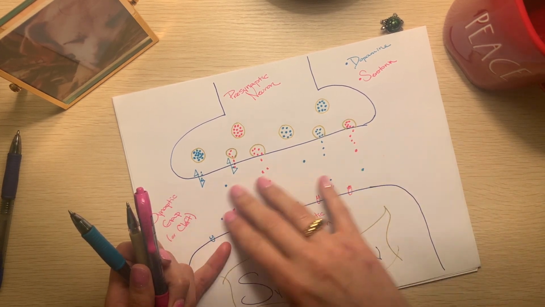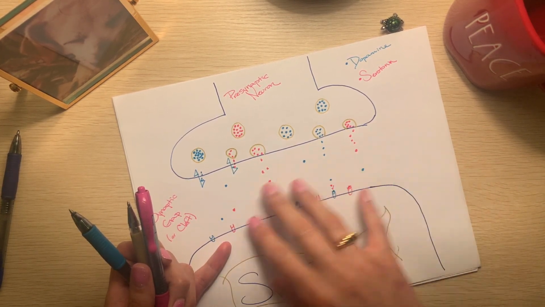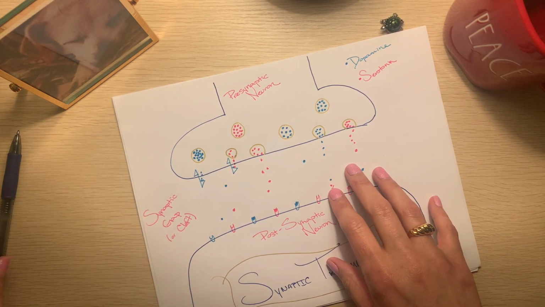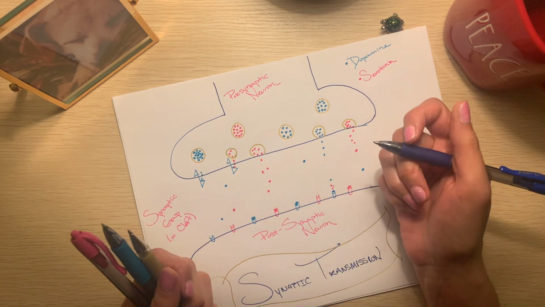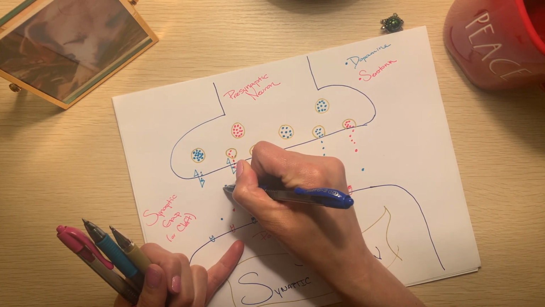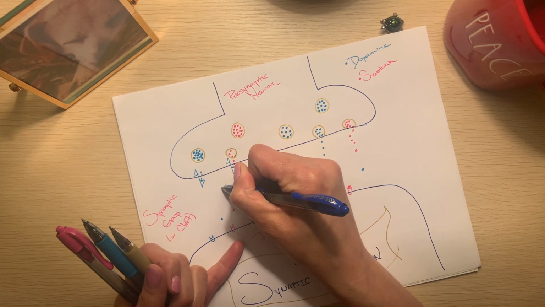There's other mechanisms too by which they dissipate, and one of them is enzymes. Let's say these enzymes look like little scissors. This will be interesting.